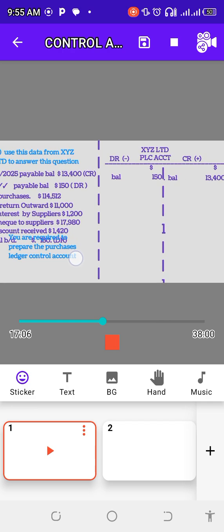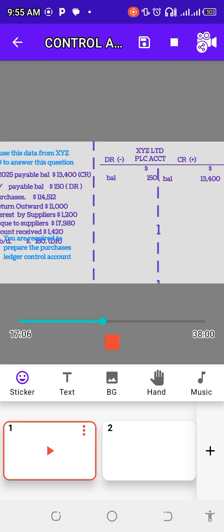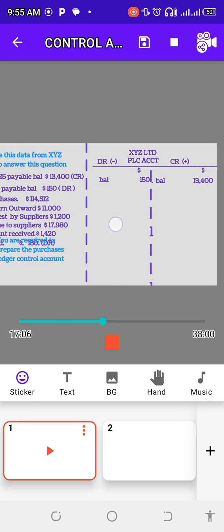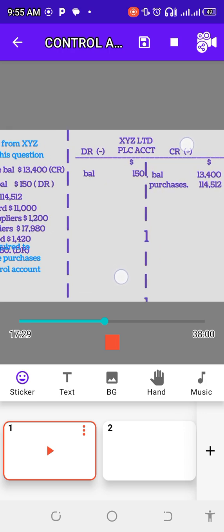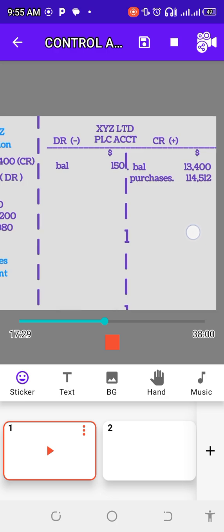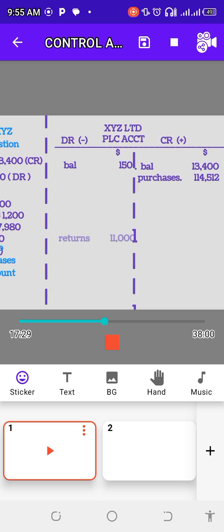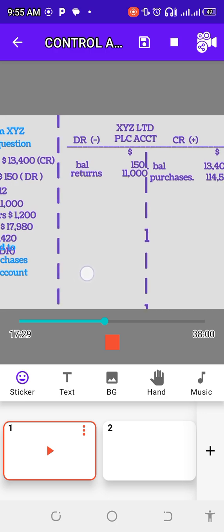Then the next thing we are going to post there is purchases on credit, which goes to the credit side. Purchase on credit, that amount is 114,512. The next thing we are posting is return outward.